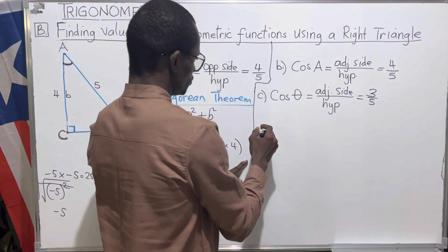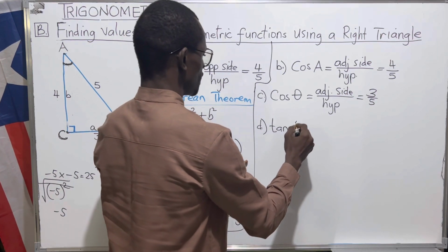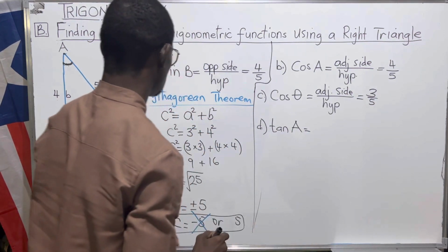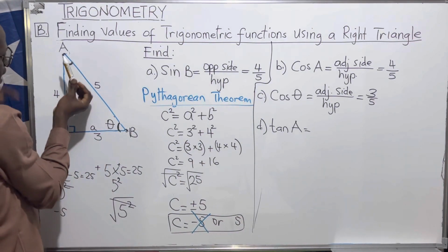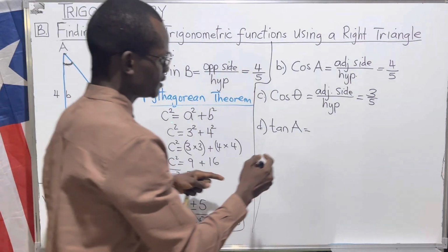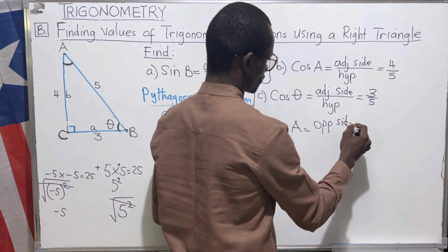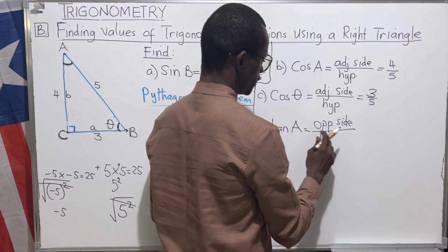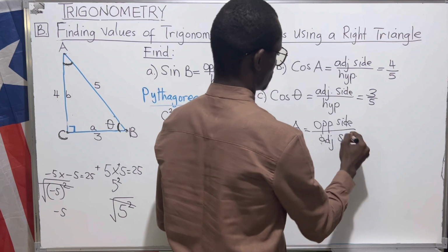So what if we do tangent of A, for example, as well? Tangent of A, which is this angle, we know that tangent is defined as opposite side divided by adjacent side.